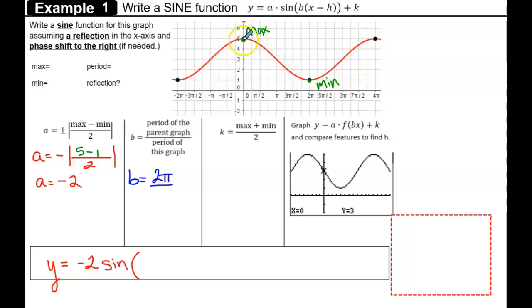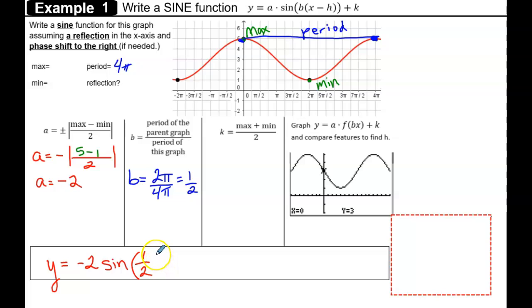And the period would be the distance between max and max. So we're going from 0 here to 4 pi, so that would be the period of this function, 4 pi. So we're taking 2 pi divided by 4 pi. The pi's cancel and leave us with a 1/2. And so the b in our equation is 1/2.